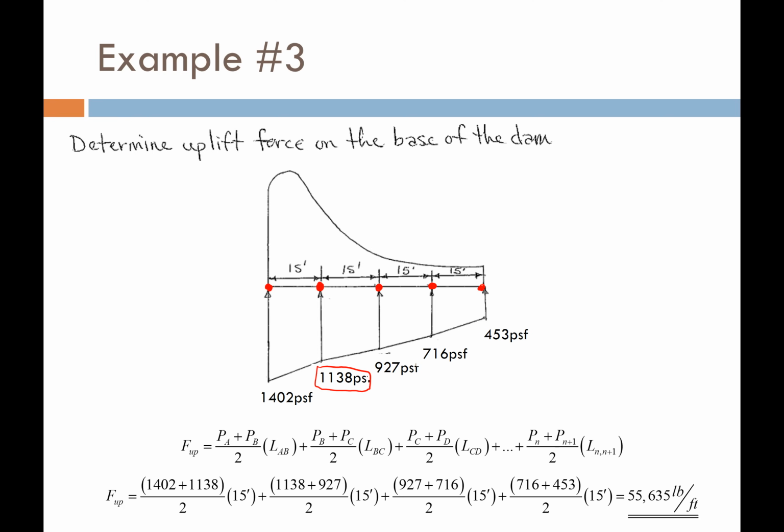We compute the pore pressure at all of these points. Pore pressure is literally just pressure that's trying to push stuff off of it. If I have this big dam sitting on that, the pressure is going to try to uplift this dam.